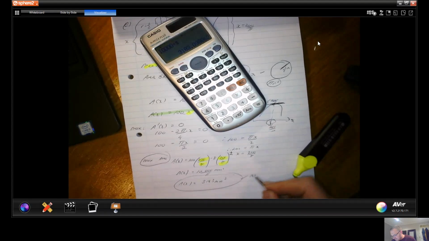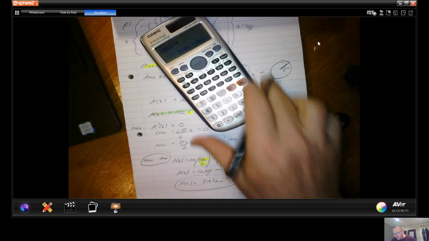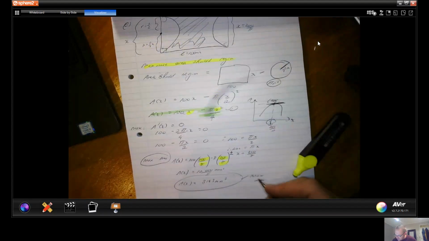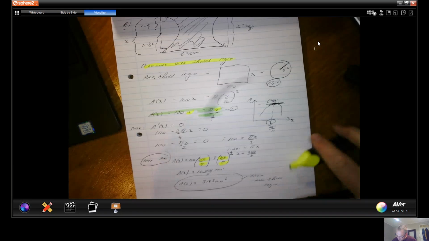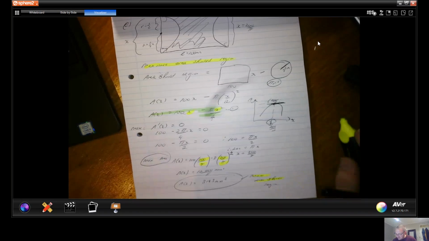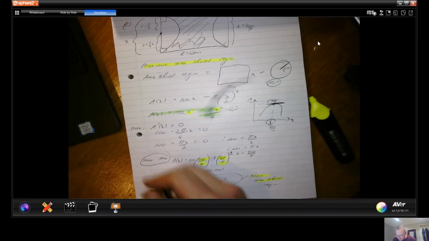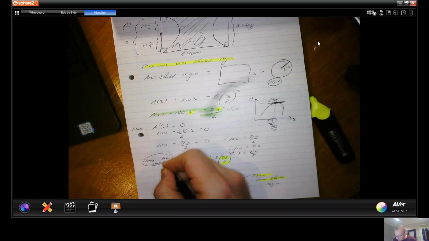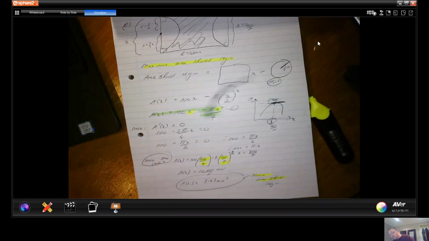That is going to be the maximum area of the placemats, the maximum area of the shaded region in the given conditions. So the question said go maximize the area of the shaded region. The maximum area of the shaded region would be equal to that over there.